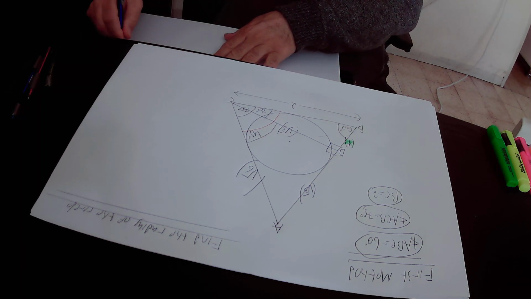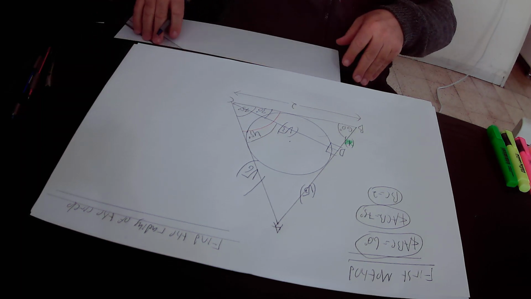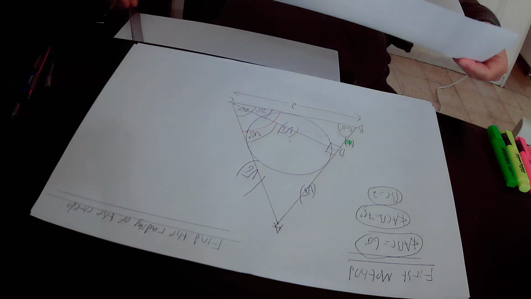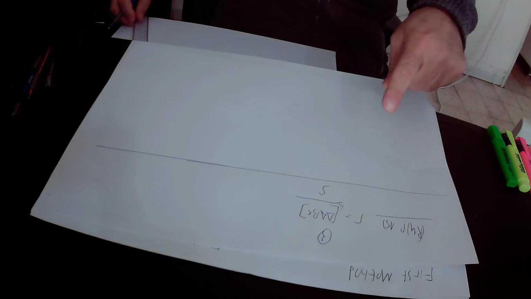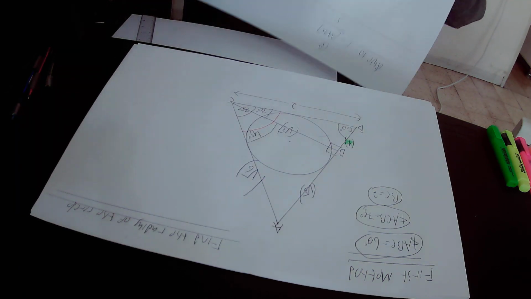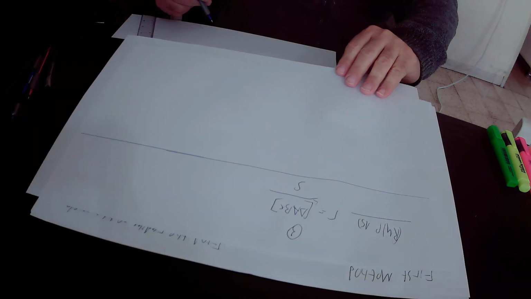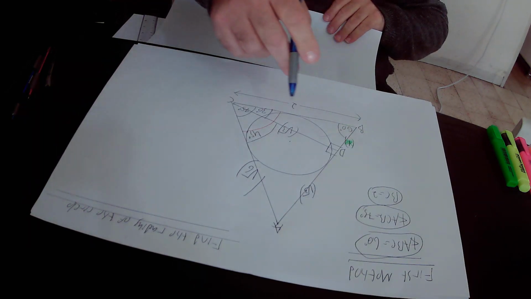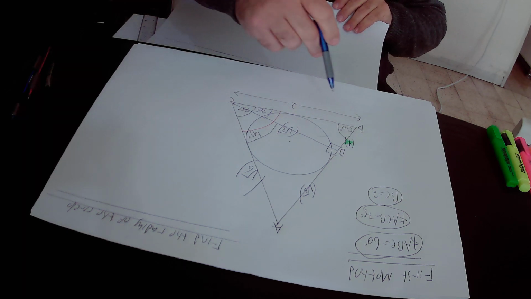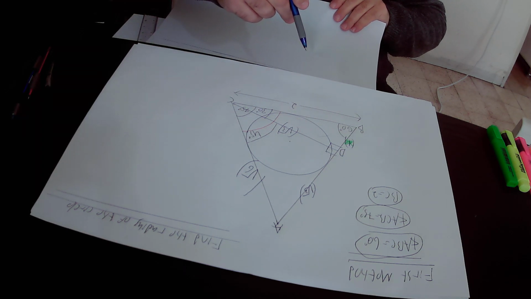I repeat again. According to rule number 15, the radius R of this circle that is inscribed in triangle ABC will be equal to the area of this triangle over the semi-perimeter of the same triangle, triangle ABC.